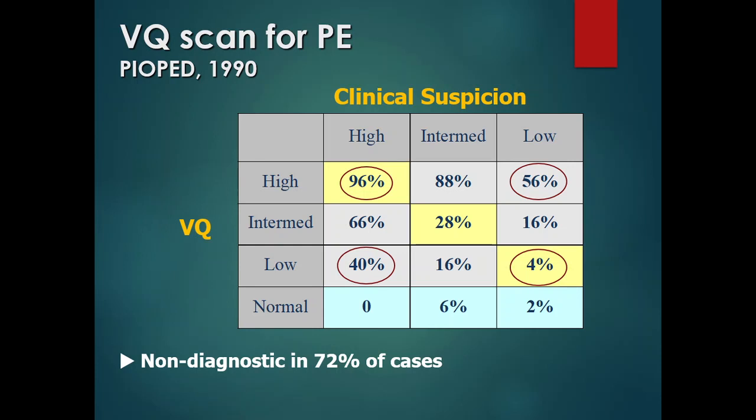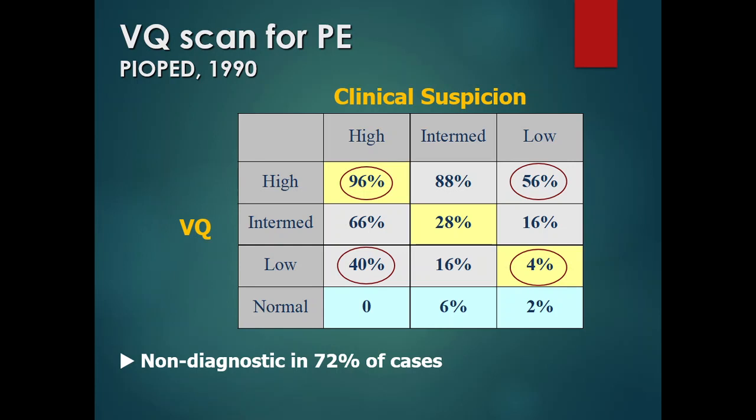If my clinical suspicion is high and the VQ scan has a low probability, there is still a 40% chance that my patient has pulmonary embolism by pulmonary angiogram. But if my high suspicion is met by a high probability, my diagnosis is almost 100%.